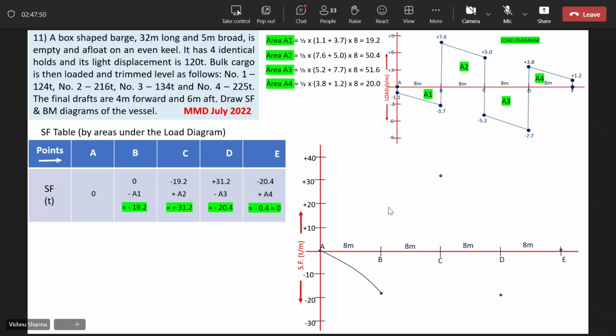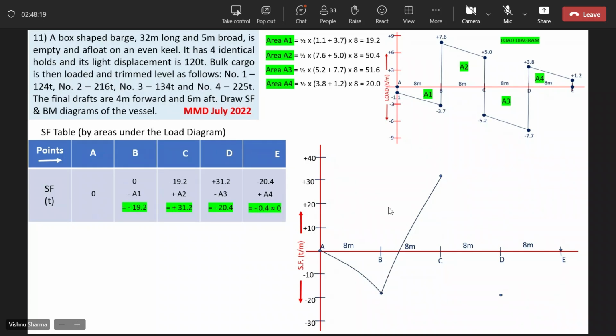A2 is a trapezium from bigger side to smaller side. So it will be steeper closer to B, and then it will become less steep as we go to C. It will not become 0 at C because it is not the vertex of a triangle. There is a small side there. So the curve will be somewhat like this. Steeper here and then steepness reducing slightly.